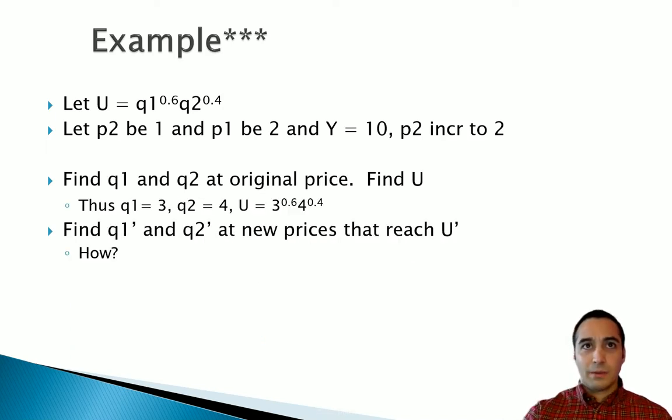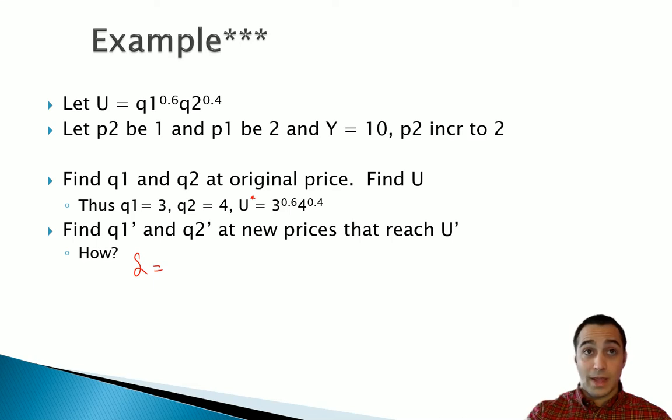Okay, next thing we need to do is find some magical Q1 and Q2 that reach this U star at the new prices. How can I do that? Well, again, we have a Lagrange function. We want to minimize our expenditure, and we want to do it at the new prices.